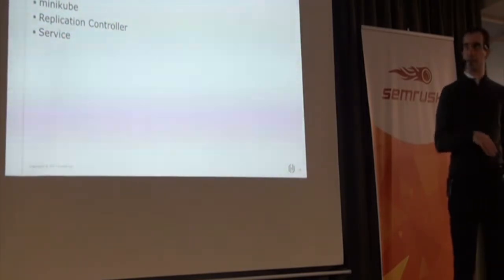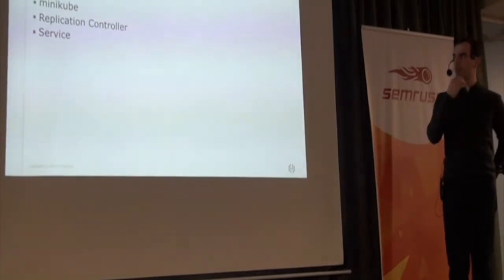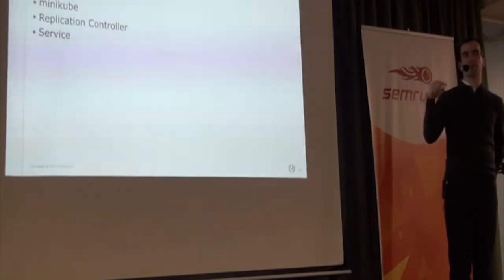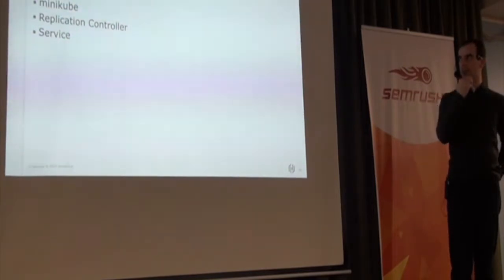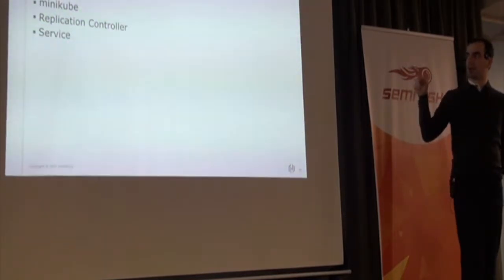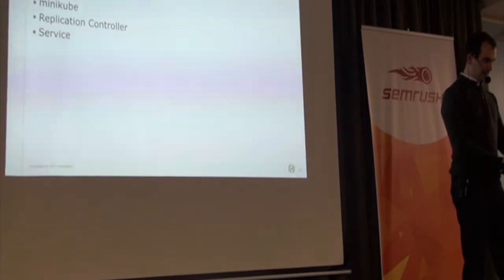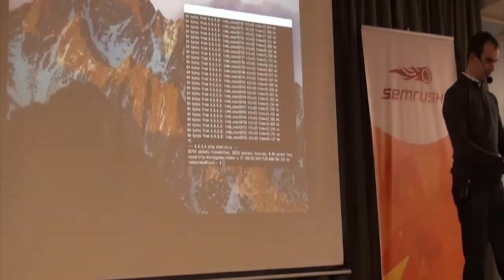So Bob, who is the guy on the platform engineering team, is going to use Minikube. That's the sort of minified version of Kubernetes, which you can run in VirtualBox locally. And he's going to leverage the replication controller and the service.